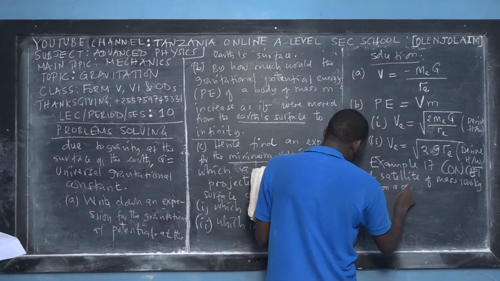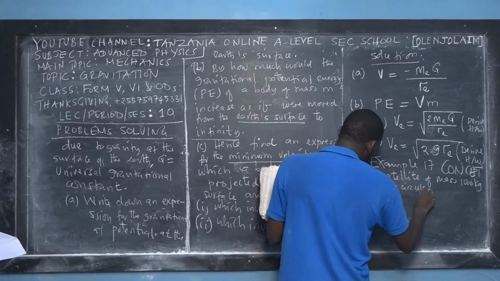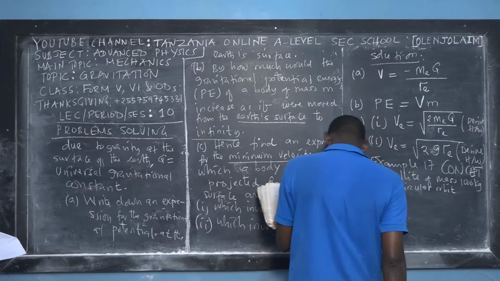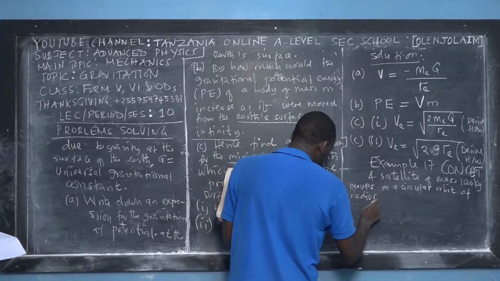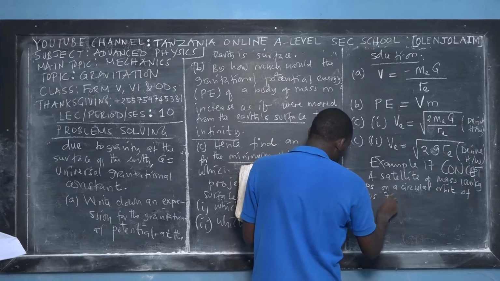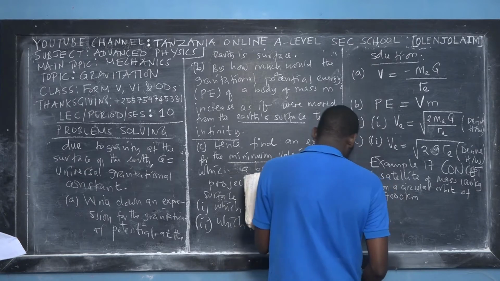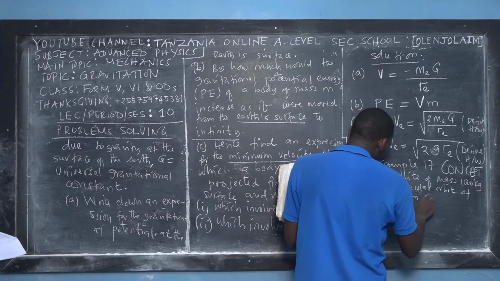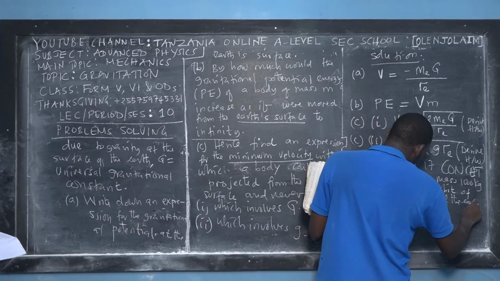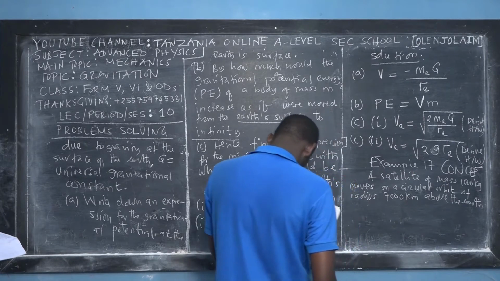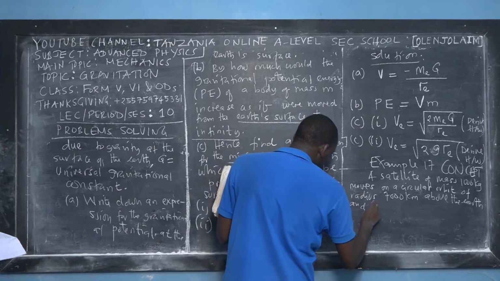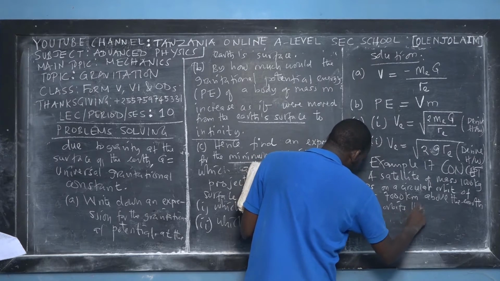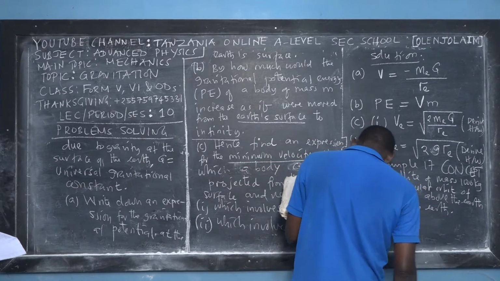A satellite moves on a circular orbit of radius 7,000 kilometers above the Earth, and it orbits the Earth.